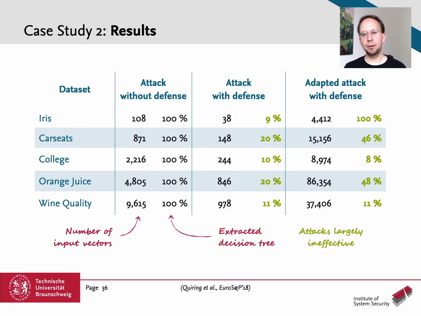But the number of queries, of course, increases. And it increases even more than the factor of the cover queries, because the extraction also becomes more difficult since there are many outputs that are irrelevant. You can see here that a lot more queries are necessary. And I wouldn't say that the attack is not possible anymore. It just gets more costly.